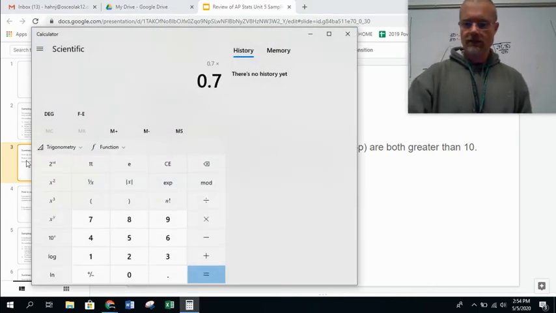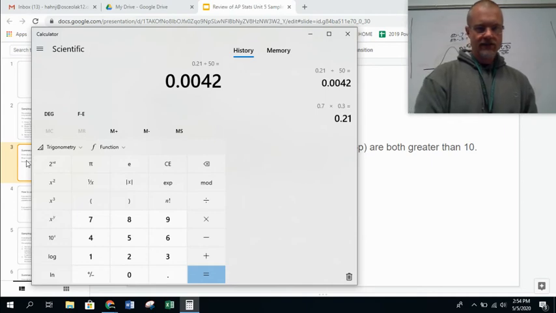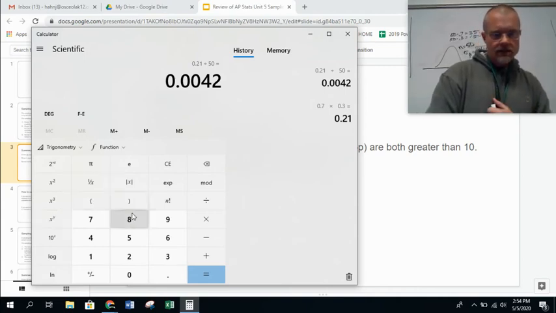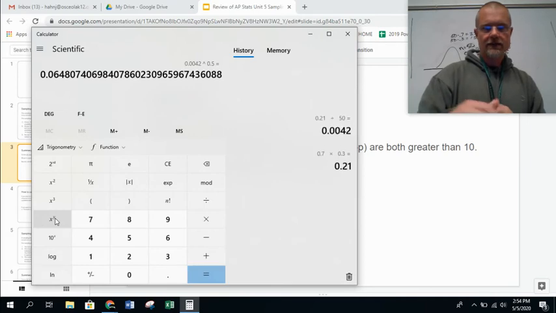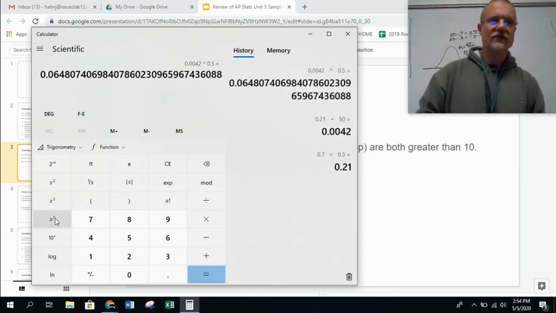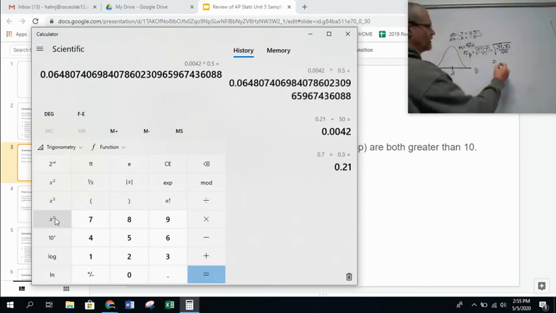So 0.7 times 0.3, enter, divided by 50, enter, and then take the square root. You guys are probably staring at the square root saying, click it, click it, click it. I don't want to, so I'm going to hit this button, 0.5, enter. So 0.064.